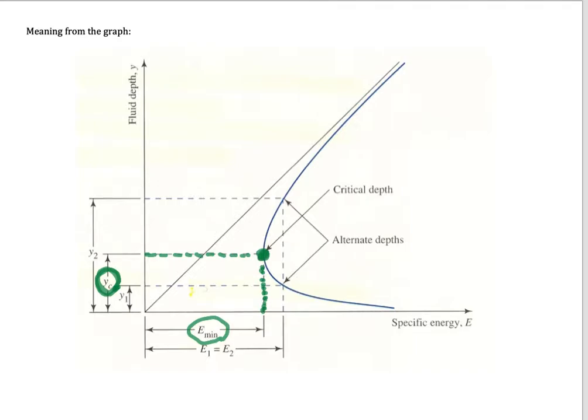Because of that, we call this point the critical depth. Why do we call it the critical depth? Because from this moment onward, the increment of energy will be exponential, meaning it will increase rapidly.